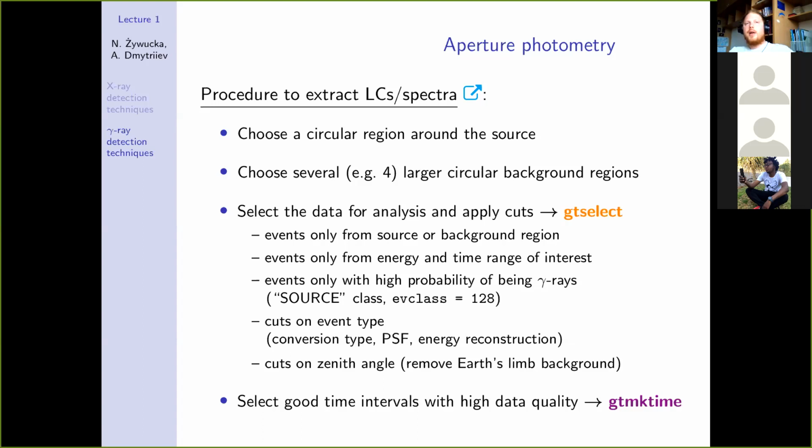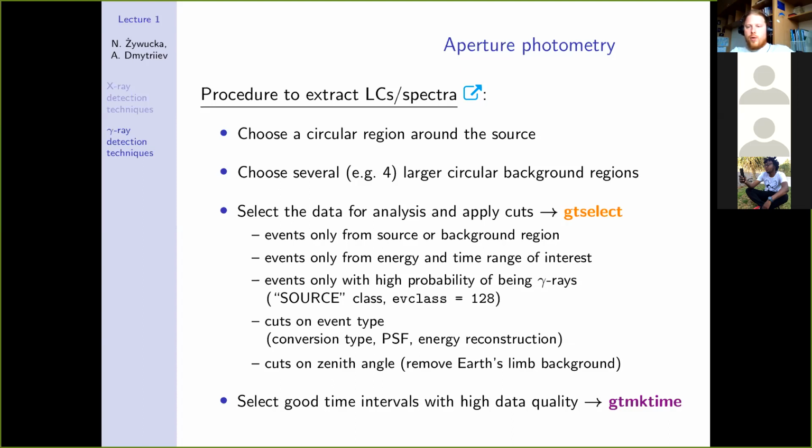Then you select the photons which have a high probability of being photons. As I said, in some cases the reconstruction can be challenging and difficult. During the reconstruction each event is assigned an event class, and the events which were well reconstructed and where the conditions during observations were good are assigned a specific class, event class 128. This is something within the tools.